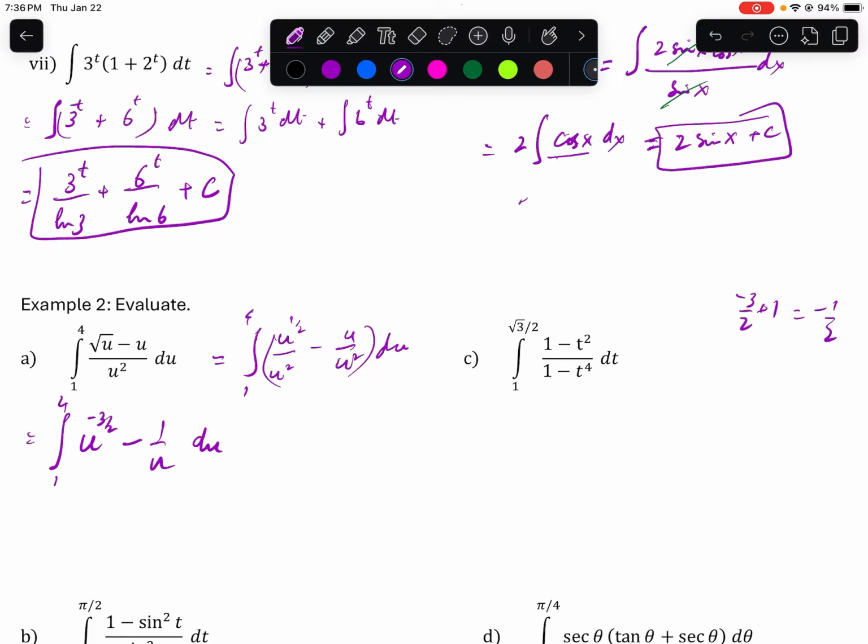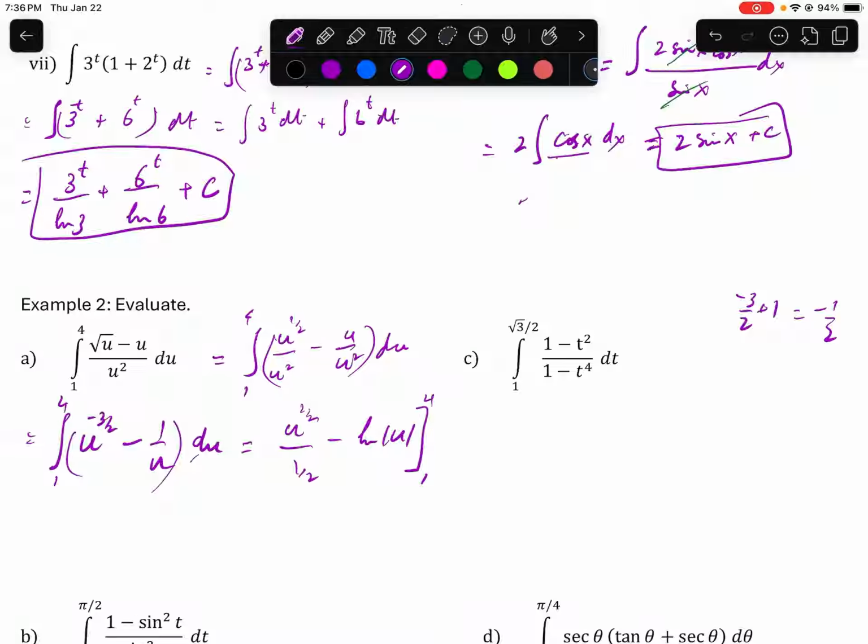So I have u to the 1/2 divided by 1/2 minus, now what is the integral of 1 over u? Ln of u. So ln of the absolute value of u, and then I have 1 to 4.